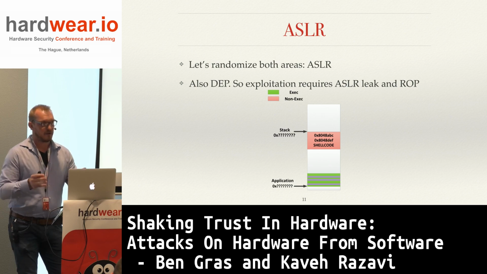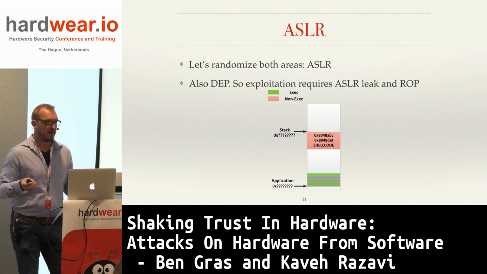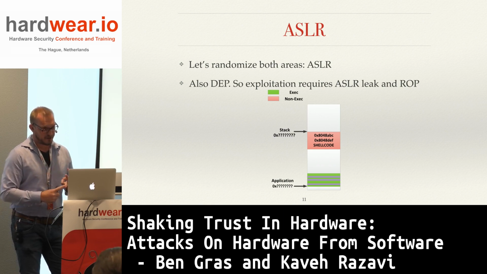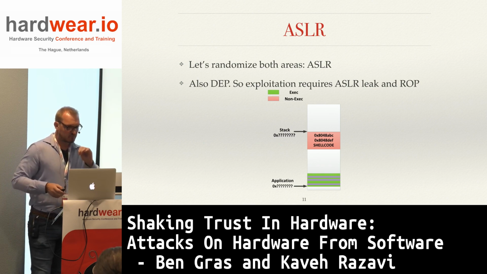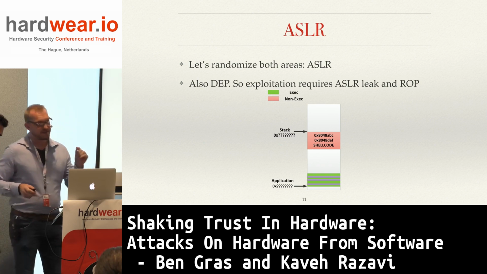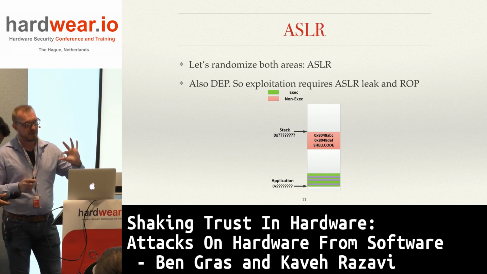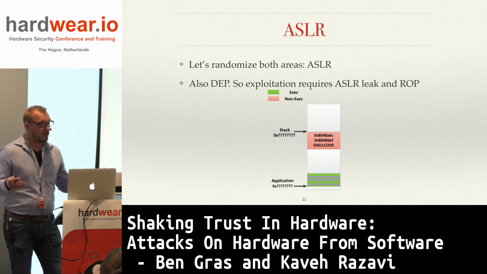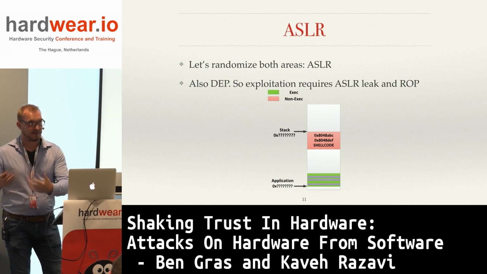So without that, you cannot easily exploit a memory error like I was describing, because the stack is not executable, you don't know where the stack is, and you don't know where the application is. So what that means is that virtual addresses, the locations in memory where these things are located, have been upgraded to security-sensitive secrets. Virtual addresses are secret now because if you know them, it becomes easier to exploit.